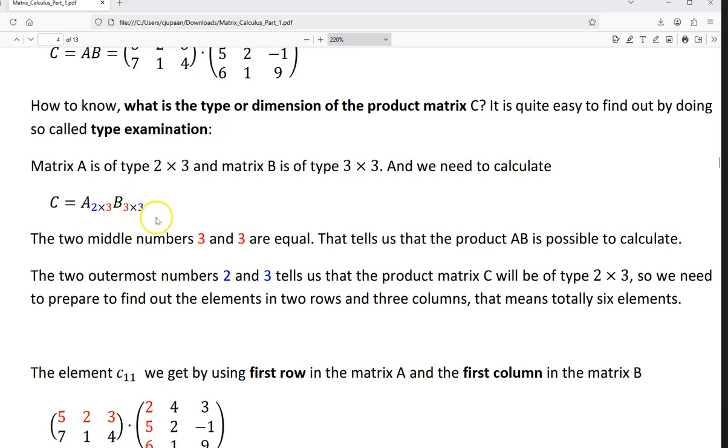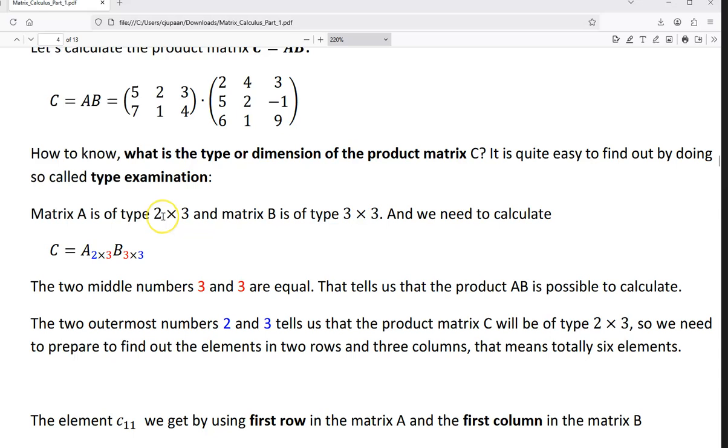If this B matrix had, for example, 7 columns, now it has 3 columns, but if it had 7 columns, then it is also possible to calculate, but the result matrix or product matrix would have 2 rows and 7 columns.